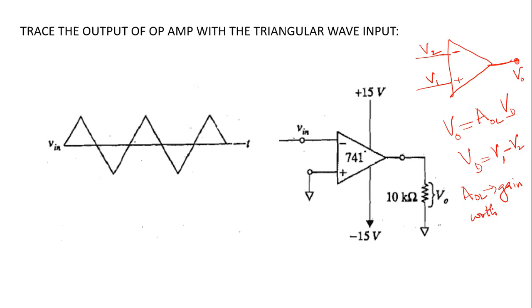Even if subscript OL is not written, like in the earlier discussion, it is still open loop gain. Open loop gain means you are not connecting the output to input.